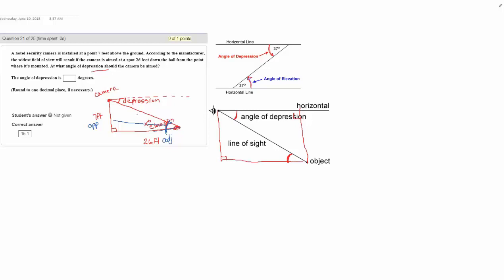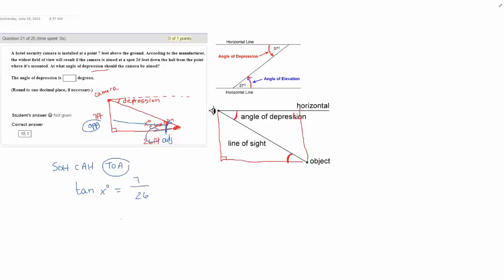So when I look at my SOHCAHTOA and I try to identify which trig ratio is used in this diagram, I have opposite and adjacent, and opposite adjacent is the tangent ratio. So I have tangent of my angle, tangent of x degrees, equals opposite over adjacent. So I have 7 feet over 26 feet.